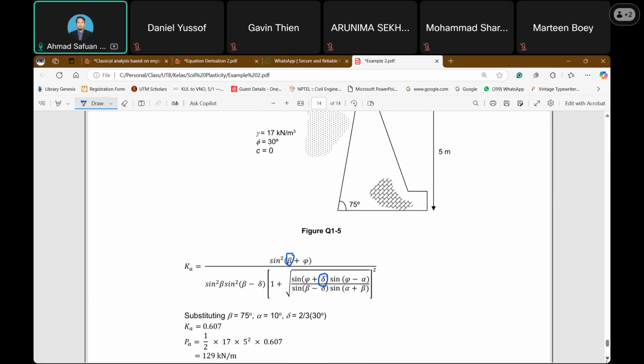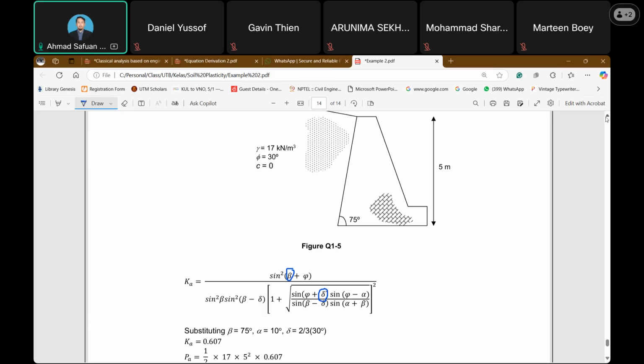As I mentioned, the equation includes beta, the angle of the retaining wall. It is not 90 degrees. Although it's 90 degrees, we also need to put 90 for the beta. Then we have phi. Delta is the friction between the wall and the soil.